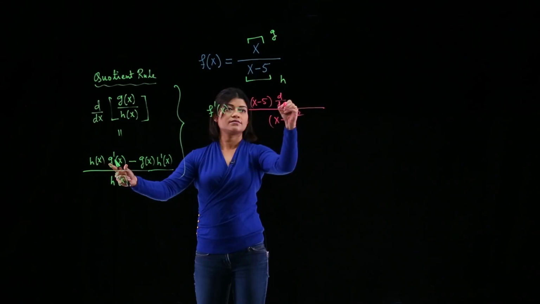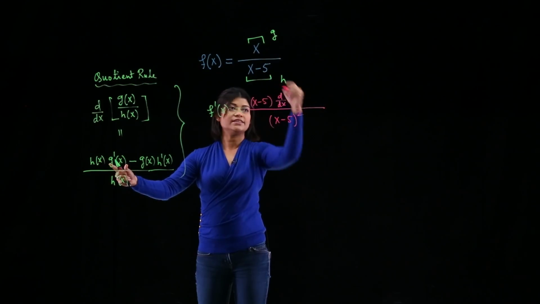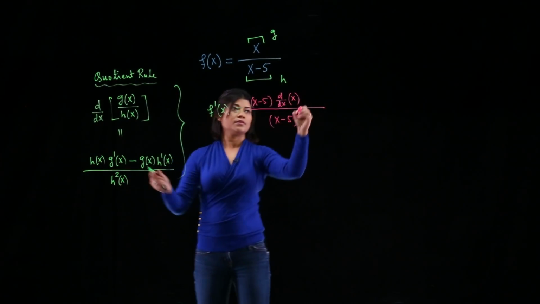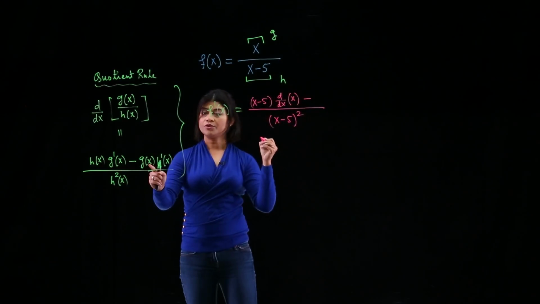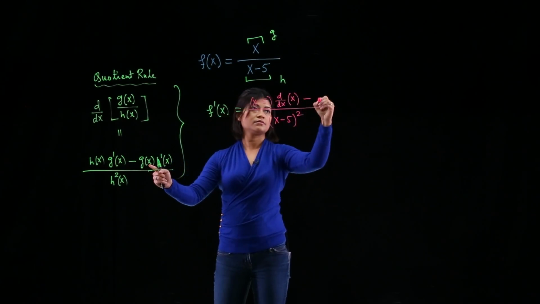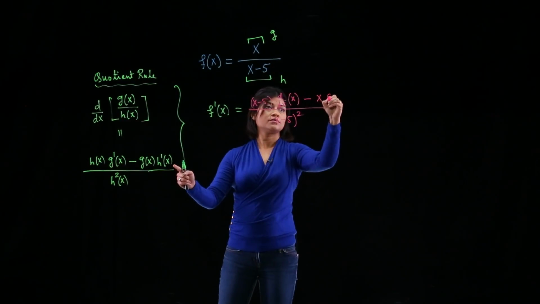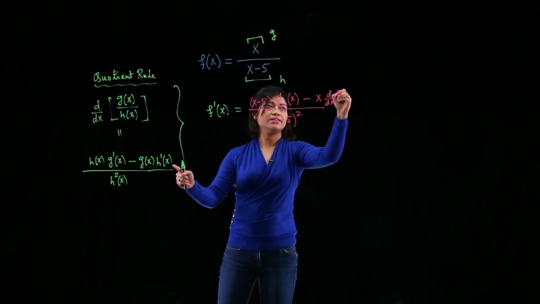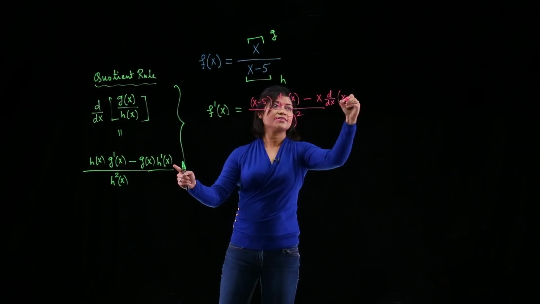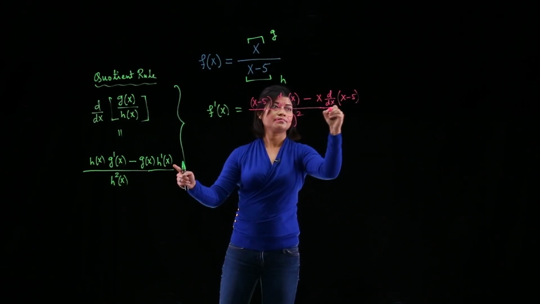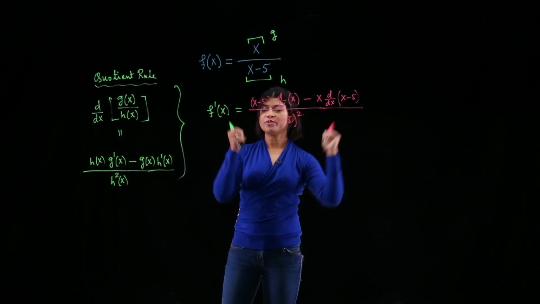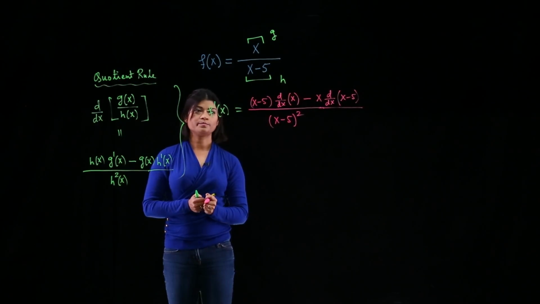So d dx of g is just x. Then minus, you keep g fixed, x is fixed, take the derivative of h. So x times d dx of x minus 5. So this is where we applied the quotient rule.